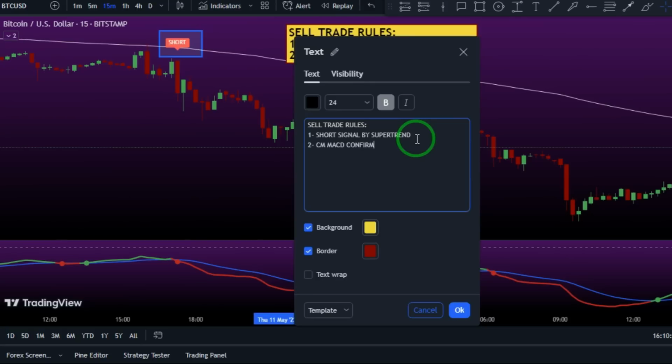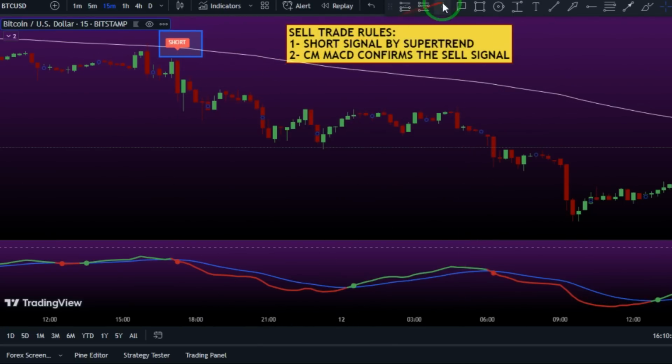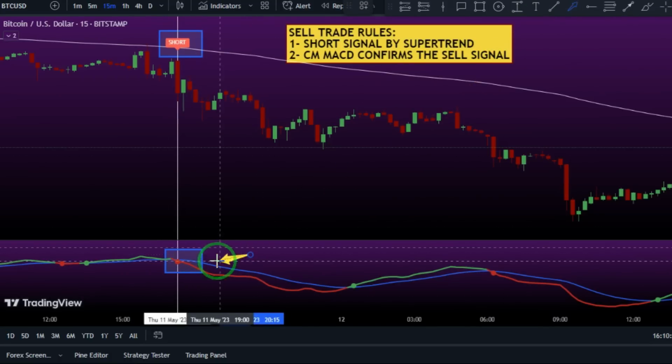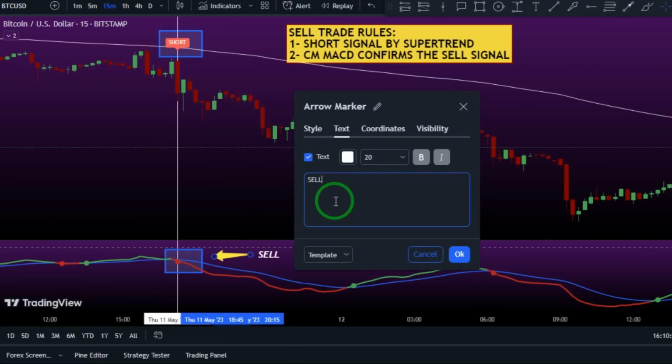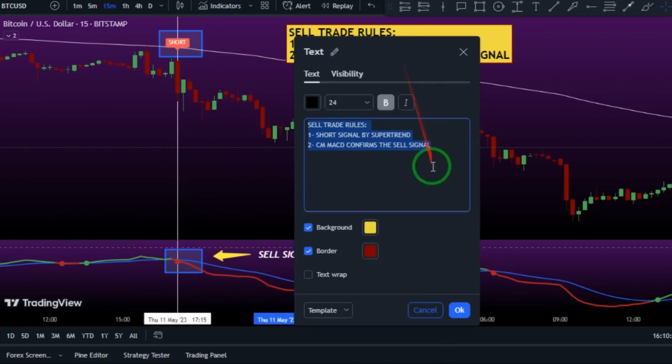If there is a red dot on the oscillator, the sell signal is confirmed. Lastly, make sure momentum is downwards, meaning the signal candle is below the EMA.